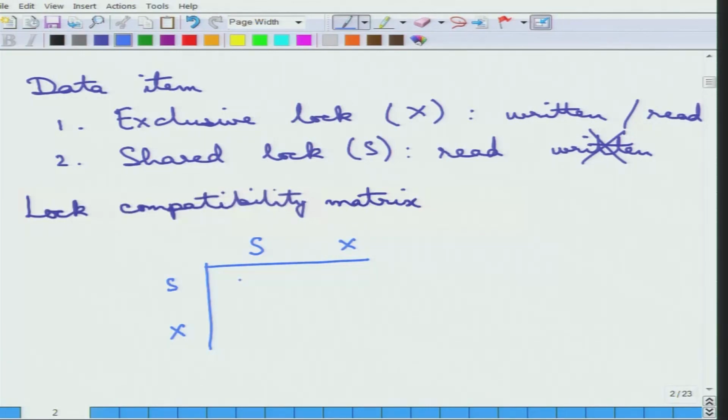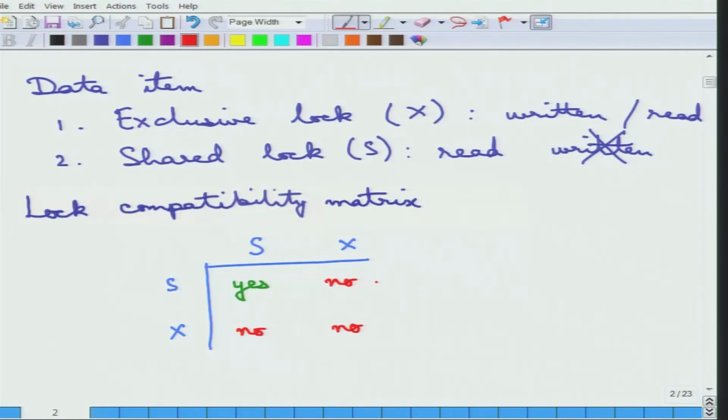So if some transaction has got a shared lock and the other transaction wants a shared lock, can it get it? Yes, it can. Suppose one transaction has got a shared lock and the other wants an exclusive lock, can it get it? No, it cannot. Similarly, if one has got the exclusive lock and the other wants a shared lock, it cannot. And of course, if one has got the exclusive lock, the other cannot get the exclusive lock.